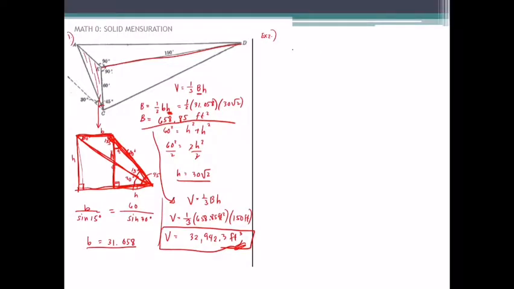So we have a pyramid whose base is an isosceles right triangle. So this is our right angle. This is our hypotenuse, which is 20 feet given. So, an isosceles right triangle has a right angle, and its legs are equal.